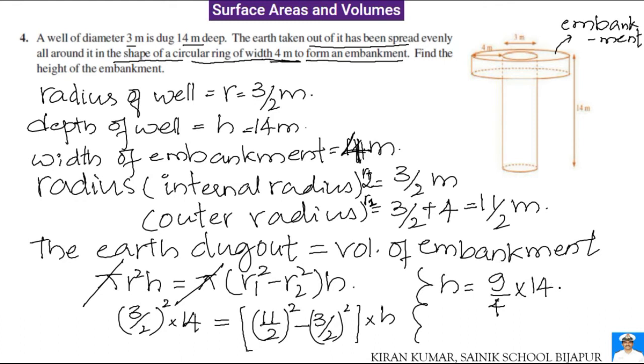So I need to multiply this with the reciprocal, 4 by 112. 4 will get cancelled. 14 multiplied by 8 will be 112. So h will be equal to 1.125 meters. This will be the height of the embankment.